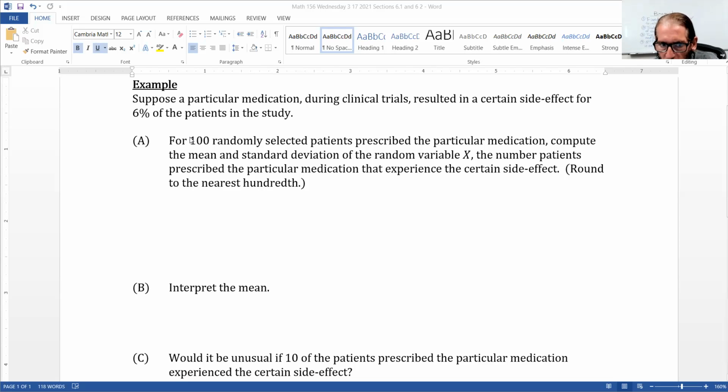So again, n is 100. And we're supposed to compute the mean and standard deviation. Now, using a formula I'm going to show in the last part, we could do what we did for discrete random variables in general: multiply a score by the probability of that score, and add up all of the products after doing that for each score.